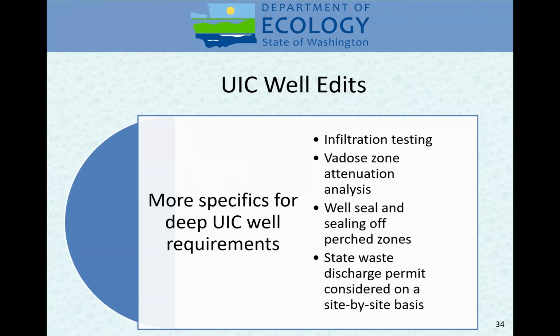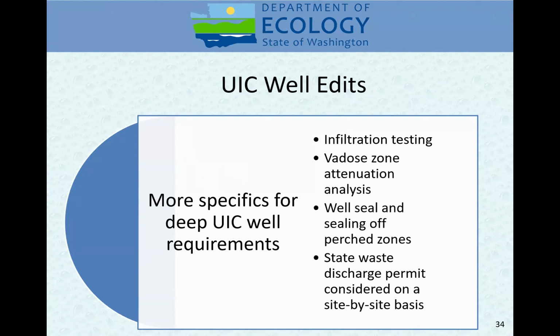That's a deep UIC. The protection of that drinking water aquifer has now been reduced because they no longer have that confining layer up at the top to keep shallow infiltration from getting into that aquifer.